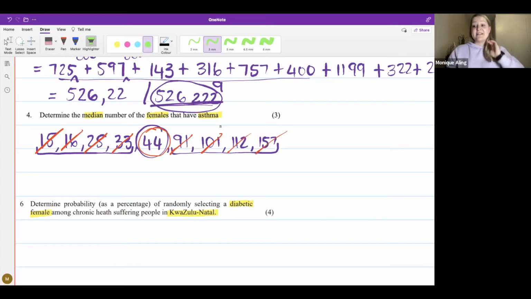So they are basically wondering, what is the chance of you picking someone that has diabetes that is female amongst everyone that has a chronic illness? So that's including asthma and hypertension. We're not just looking at diabetes specifically. We're looking at what are the chances of choosing a female that's diabetic amongst all the people that are sick in KZN. So our total is going to be slightly different.